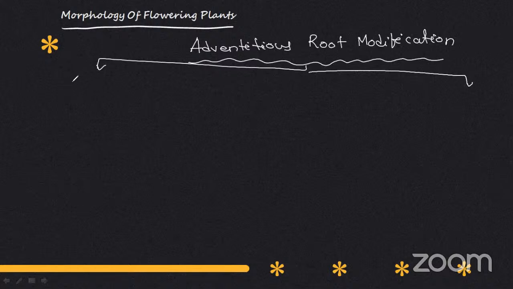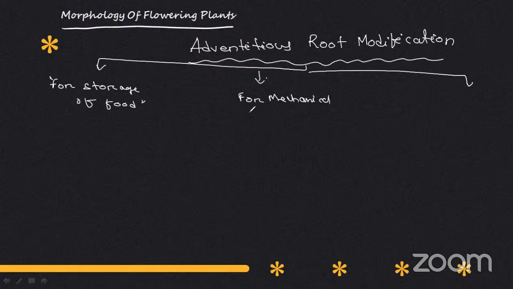So for the storage of food, then for mechanical support, then another one is the sucking root, we have to discuss here.